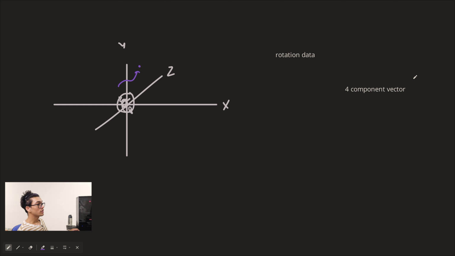But quaternion uses a 4th axis on which you rotate the object to reach that orientation in a single go. You don't need to go through steps, you just reach there.